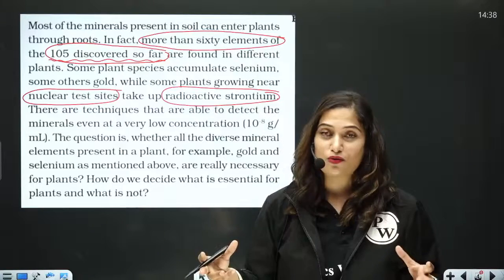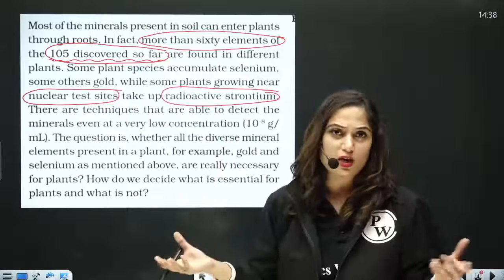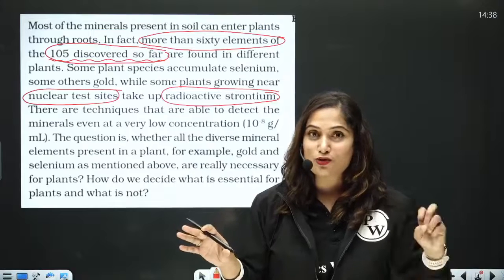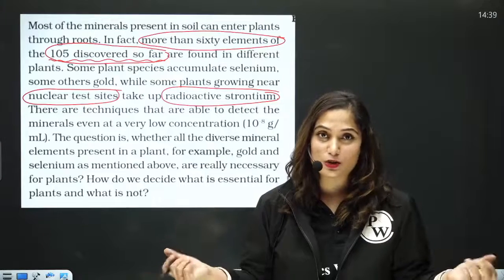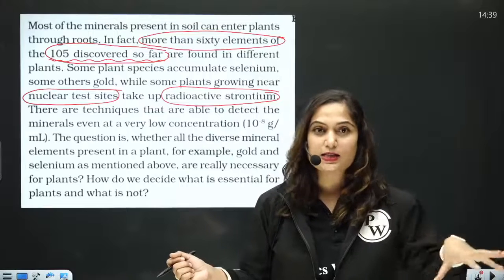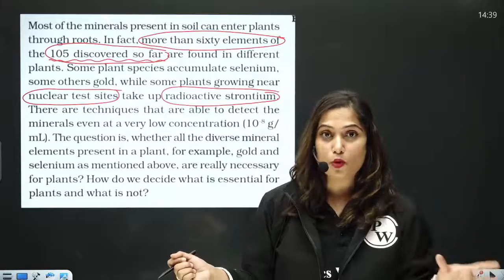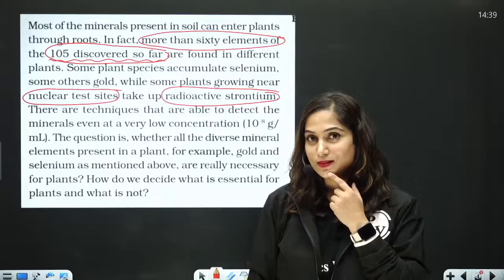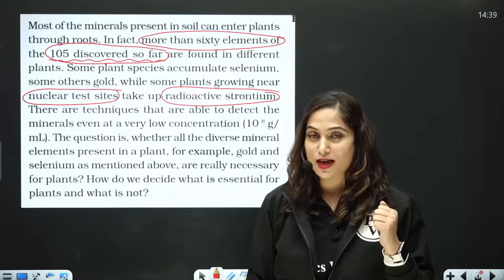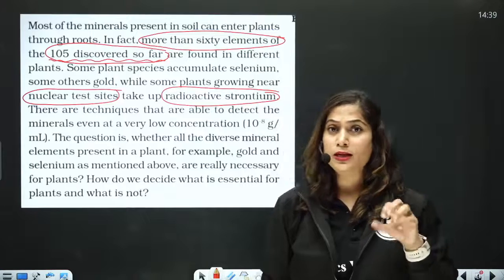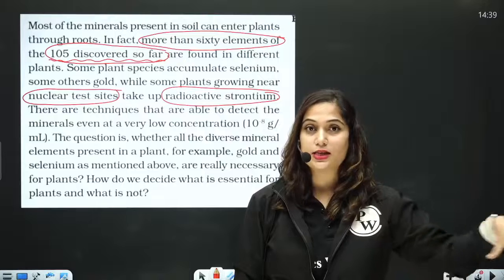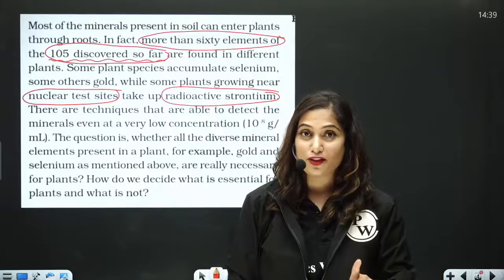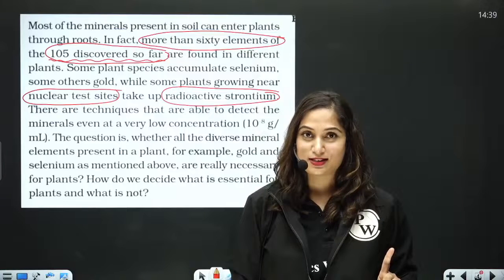The plant will have no choice but to take that strontium from the soil because it is present there. So if strontium is reported inside the plants, is it essential for the plants? Obviously not. It is a radioactive element. That means more than 60 elements are reported in plants, but for sure all of them are not essential for the plants, right?